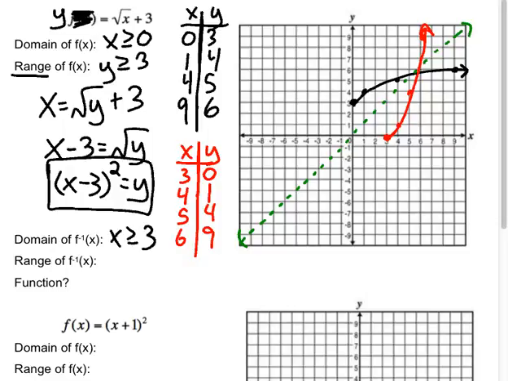So that's why now my domain is starting at 3, because that's where the original range was. My range is starting at 0 because that's where the original domain was starting. Okay, so the reason you're only seeing part of this graph is because now my domain is restricted where it originally wasn't before. It didn't have that restriction before, but because it's an inverse, it does.